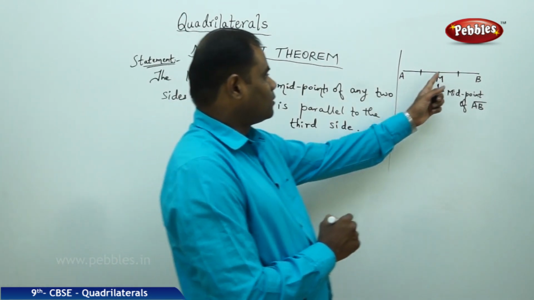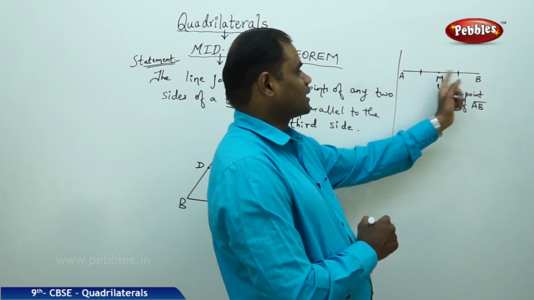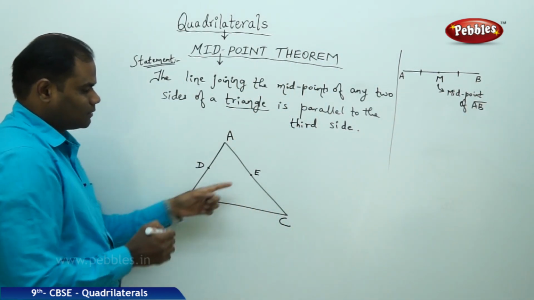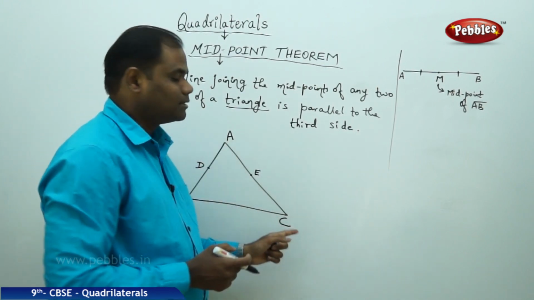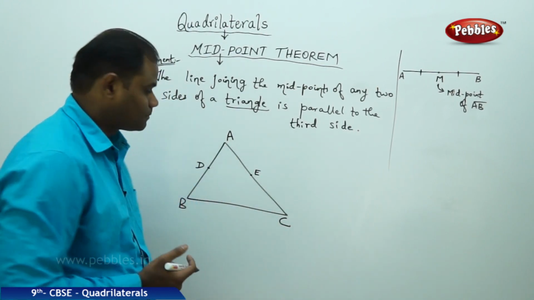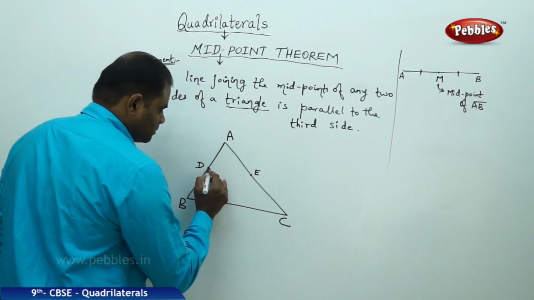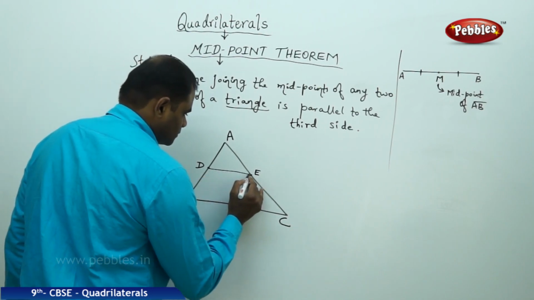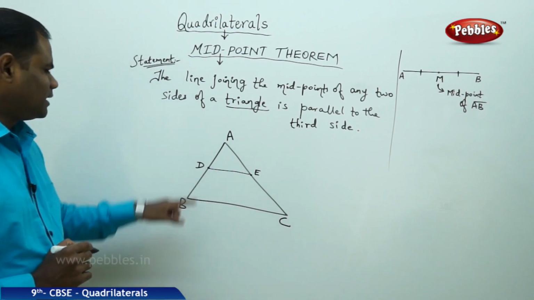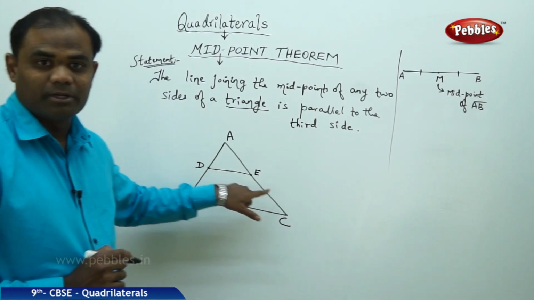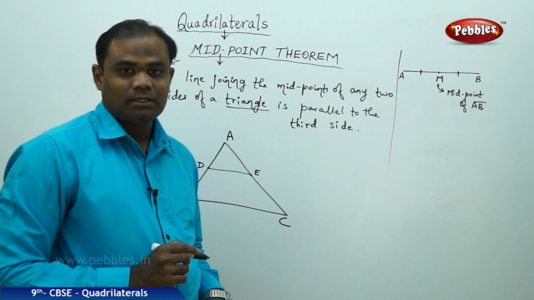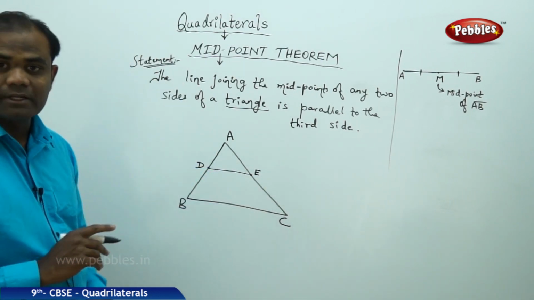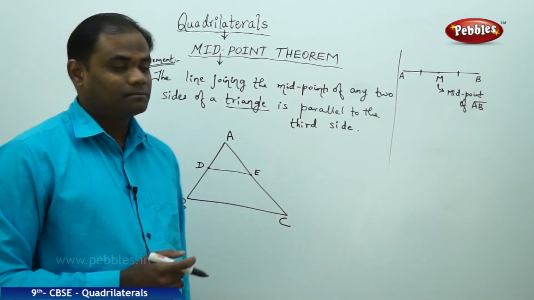Just like the midpoint of AB here is M, which is exactly in the middle, same way D is exactly in the middle of AB and the point E is exactly in the middle of AC. Now let me join DE. So I have a line segment connecting the two midpoints D and E. So the line referred to here is nothing but the line DE in the diagram of triangle ABC.